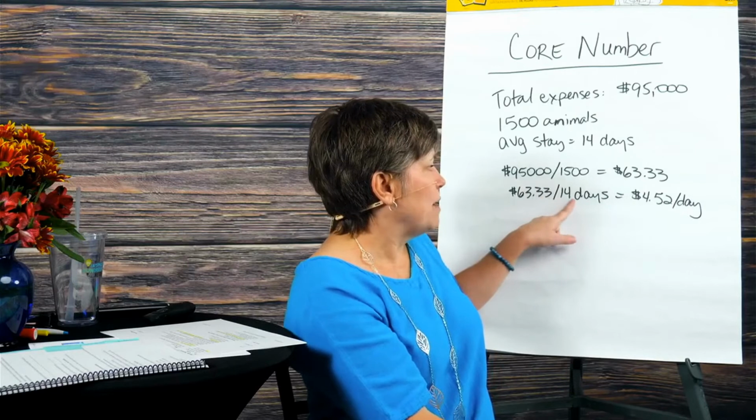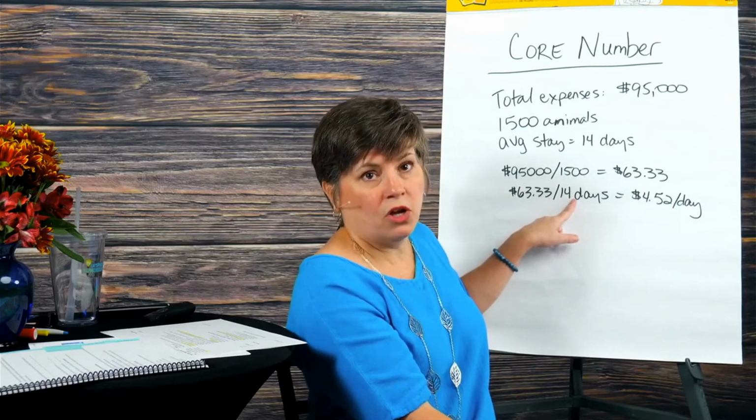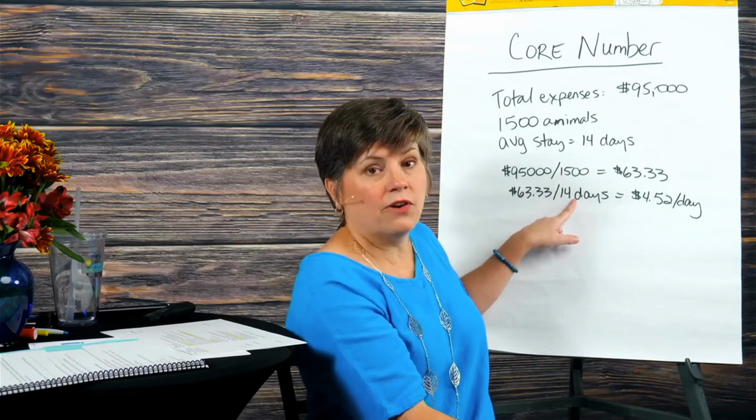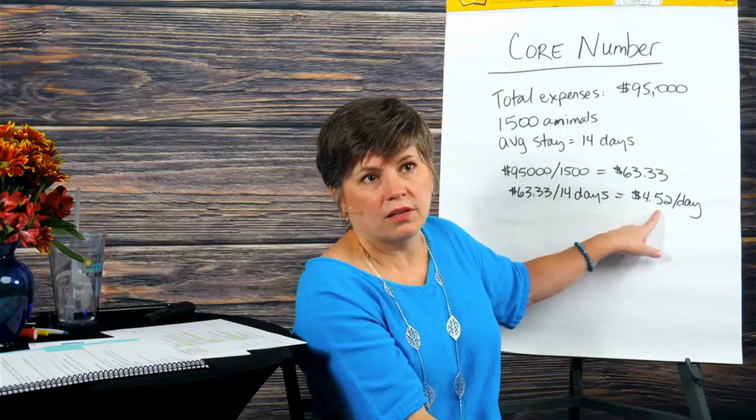Do you get that? That's pretty straightforward. Just dividing the total expenses by the total number of animals that we took care of. And then I divided that by the 14 days because that's how long they were there, so that I could figure out what is that cost per day. And it worked out to $4.52. Okay, did you get that math?